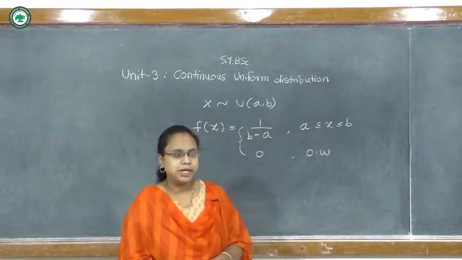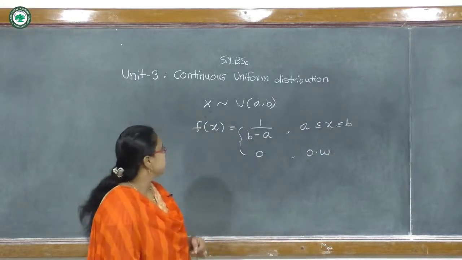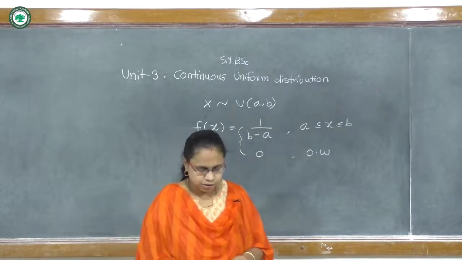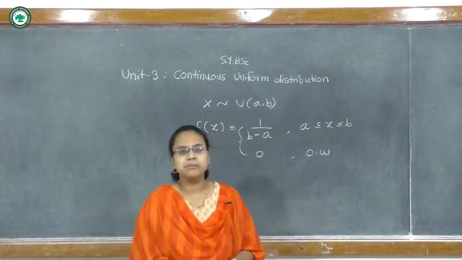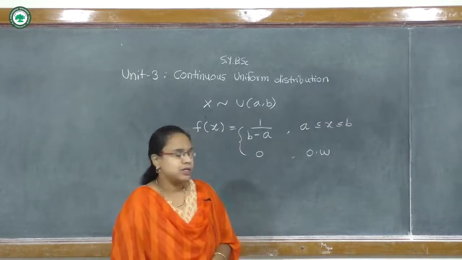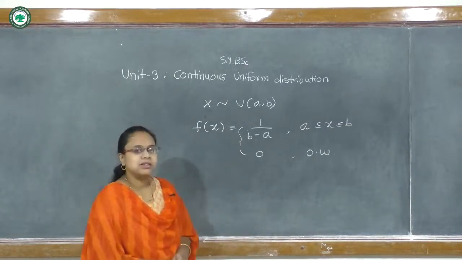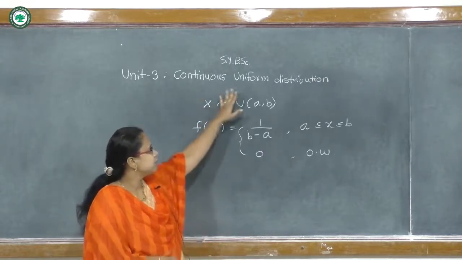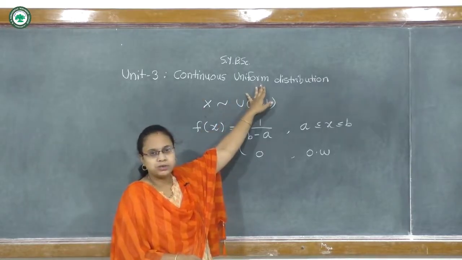So this is the PDF of continuous uniform distribution. This distribution is very important and it is used in simulation theory. While drawing samples from different distributions, this uniform distribution is widely used.